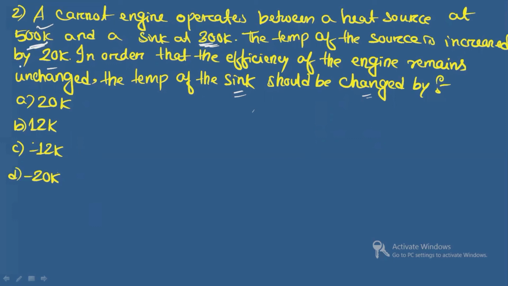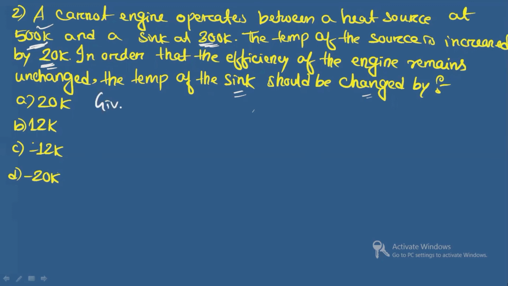And the temperature of the source is increased by 20 Kelvin. So you have to say by how much the temperature of the sink should increase so that the efficiency of the engine will remain same. First thing is that whenever the temperature of sink and source will be increased or decreased, the efficiency will have some effect. So here we have to see that without affecting the efficiency, how much sink temperature we need to increase. So first let's see what is given to us.